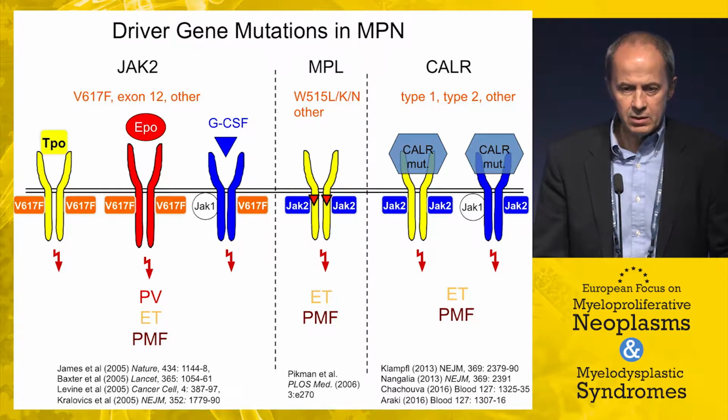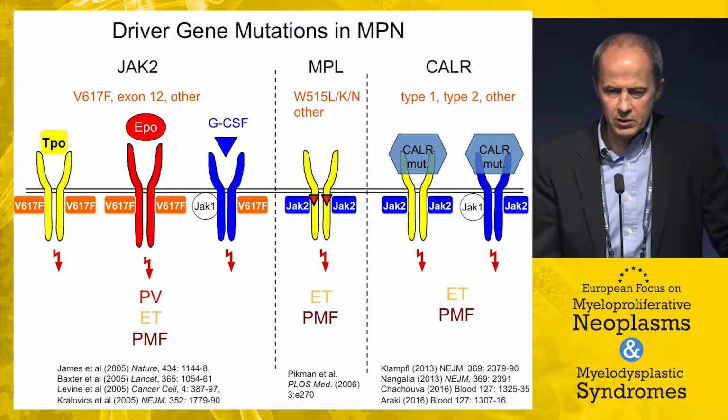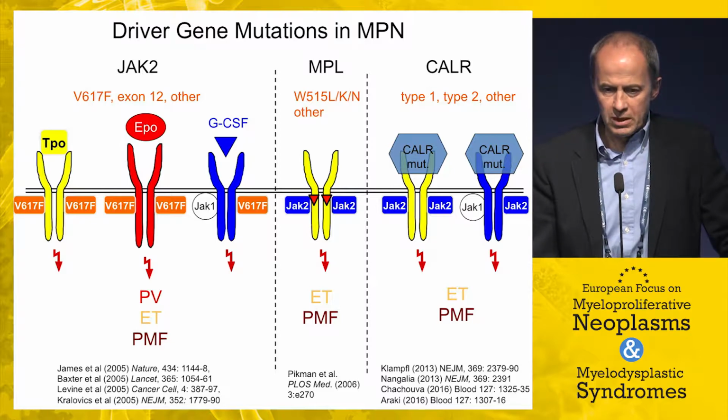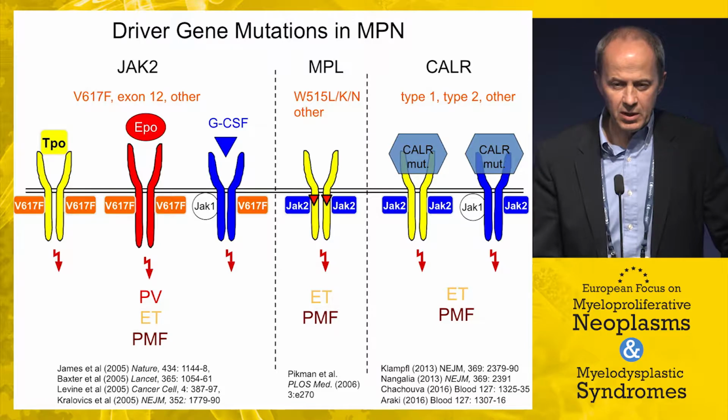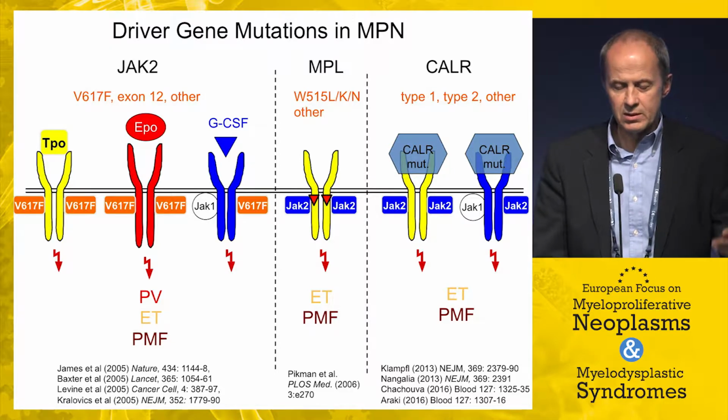And finally, calreticulin completes the story, as has been nicely shown by the groups of Robert Kralovics, William Vainchenker, Stefan Constantinescu, and others. Calreticulin is a chaperone, a protein that looks for the proper folding of proteins such as these receptors that are destined to be expressed at the cell surface.